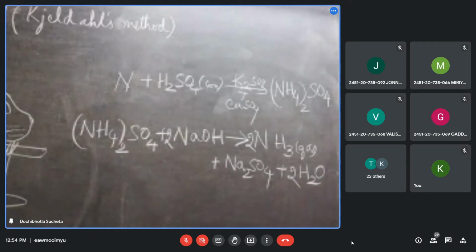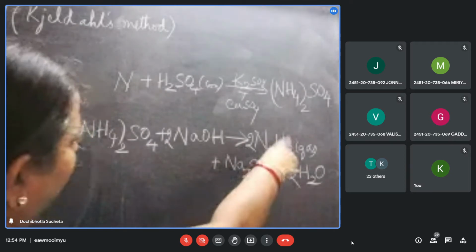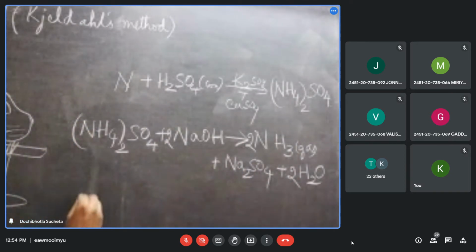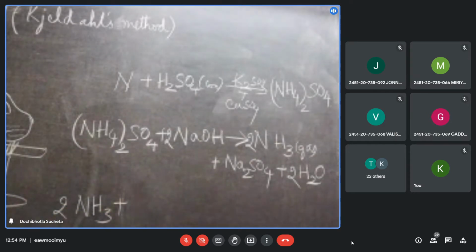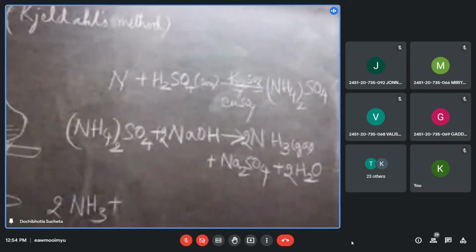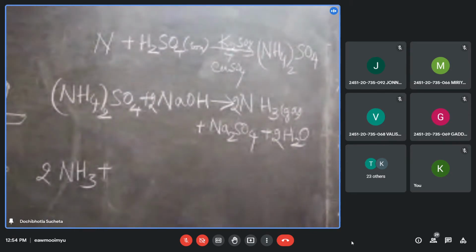The ammonia gas that is coming out is now bubbled into a conical flask containing a large excess of acid.